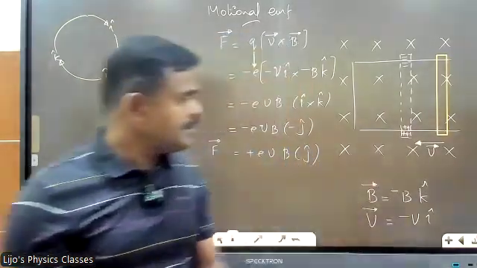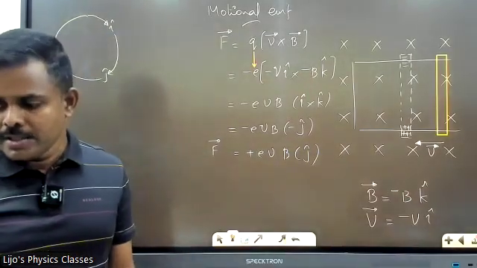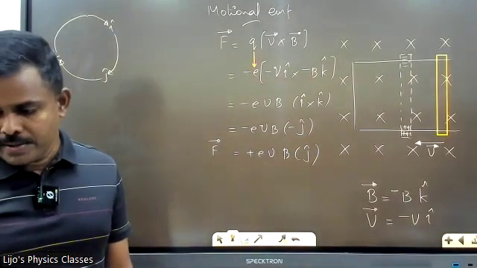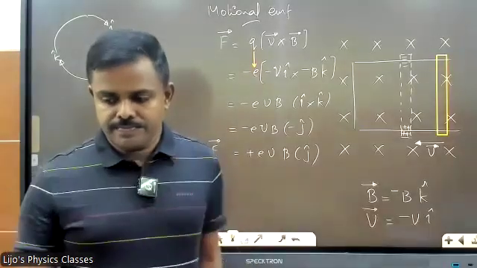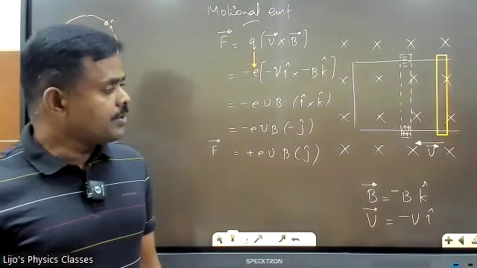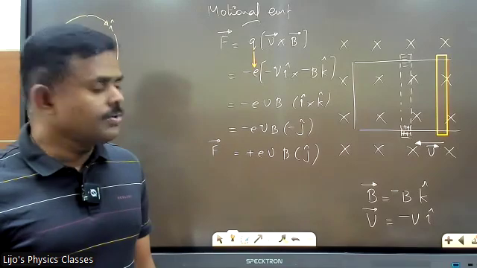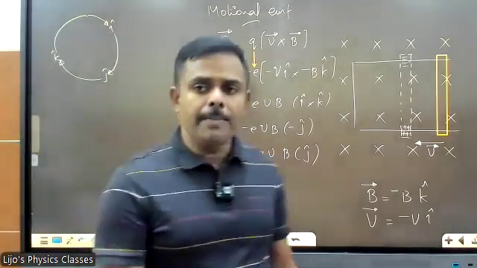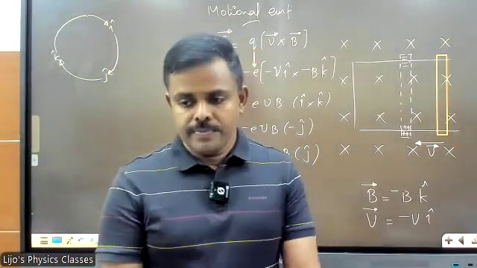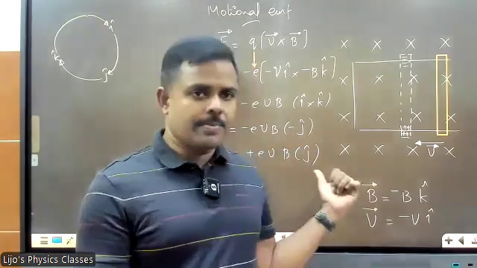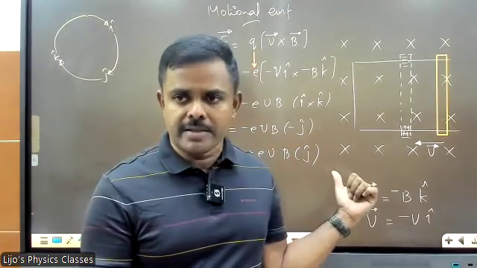Correct? So you can write, due to this force, electrons will move up. Why up? Because J cap. Look at that J cap we calculated, right?